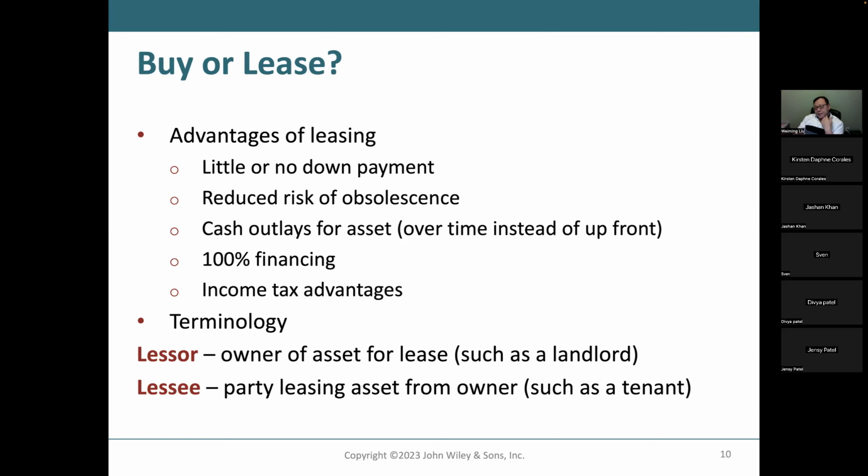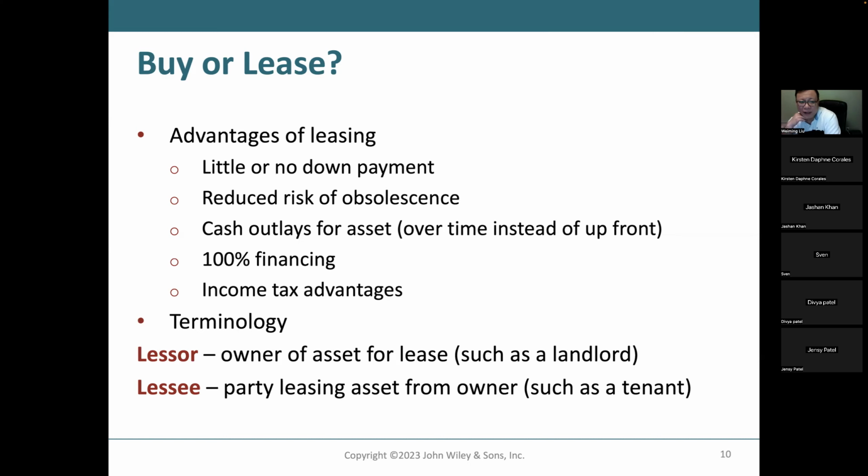Buy or lease, right? Suppose you are thinking of having a vehicle. Well, you can do it in two ways: you can either buy a vehicle or you can lease one. What are the advantages of leasing?